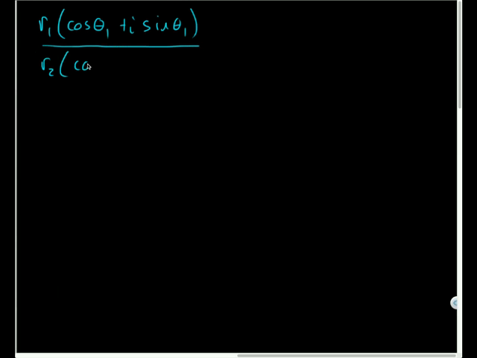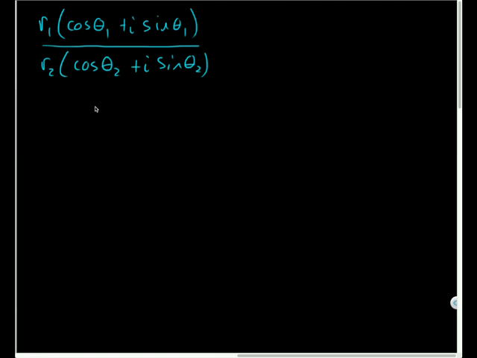So suppose I want to divide two complex numbers this time. So here's R1 times cosine theta 1 plus I times sine theta 1, and I'm dividing it by R2 times cosine theta 2 plus I times sine of theta 2. An issue I have is the fact that I've got this I in my denominator.